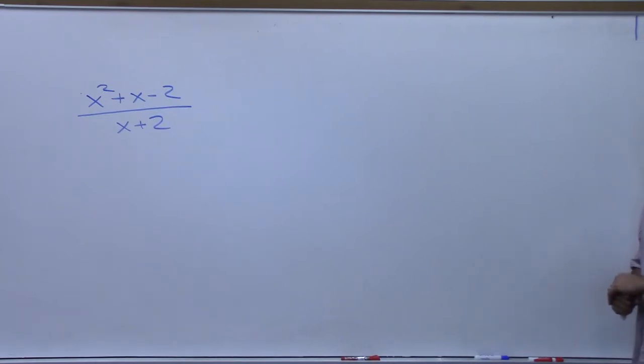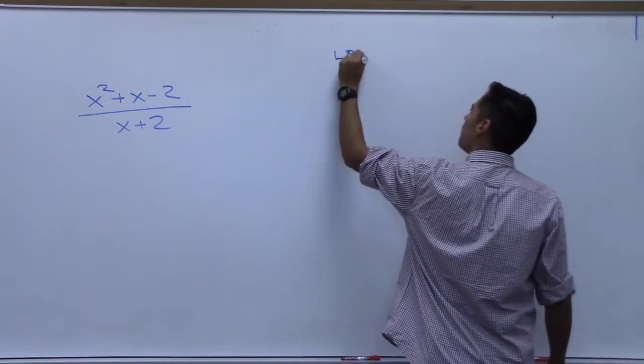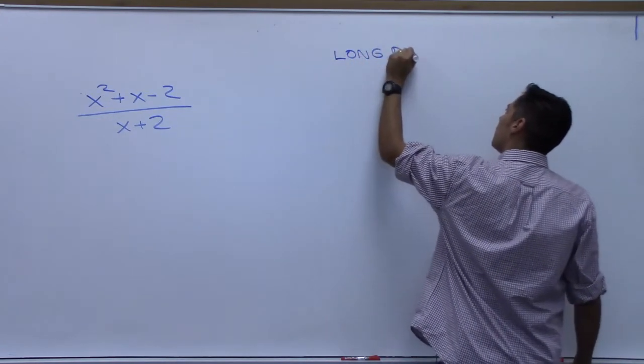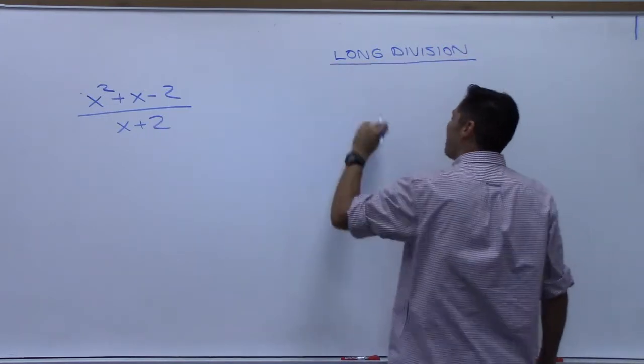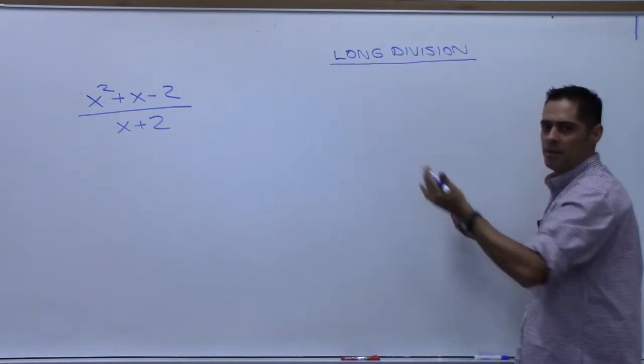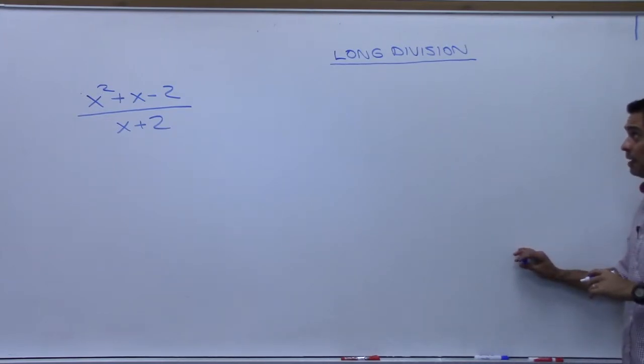All right. So our goal is to divide this, to try and divide and have a remainder of 0. That's what we are hoping for. So what we do for long division, I think it's easiest to explain by demonstration.